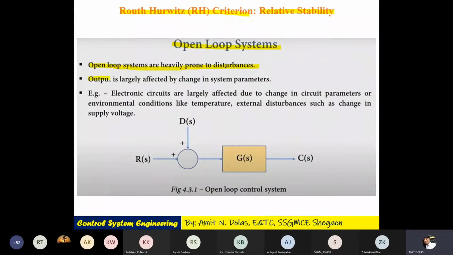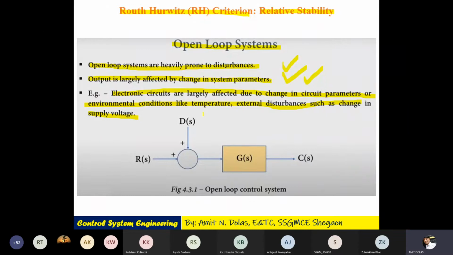Output is largely affected by change in the system parameter. If system parameters are changed, external disturbances or environmental changes are there, then it is largely affected. Example, electric circuits are largely affected due to change in circuit parameter or environmental conditions like temperature, external disturbances such as change in supply voltage.